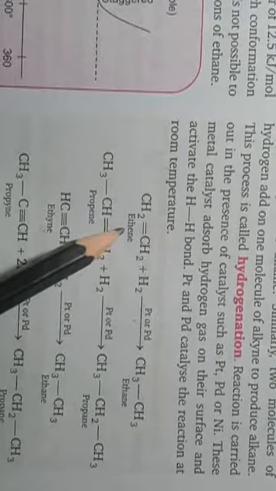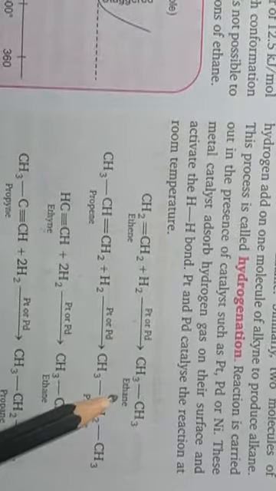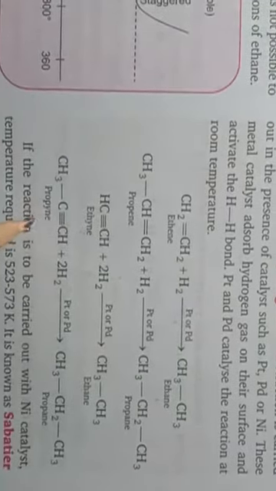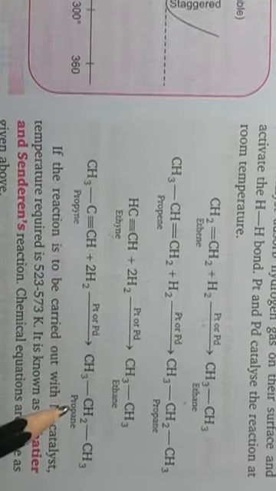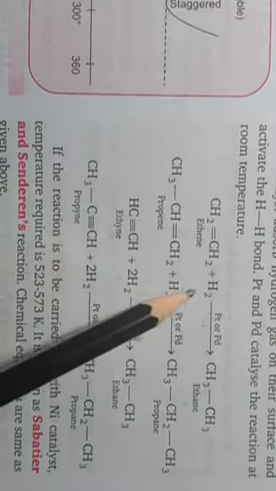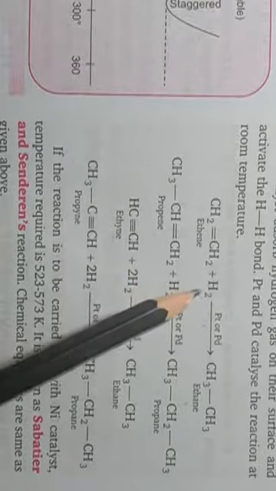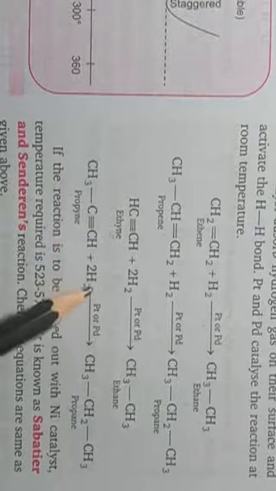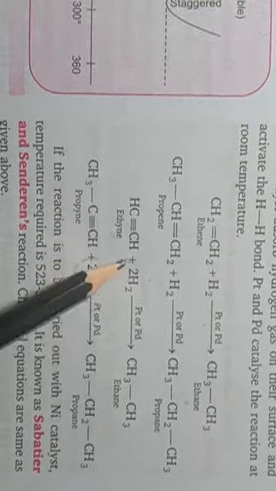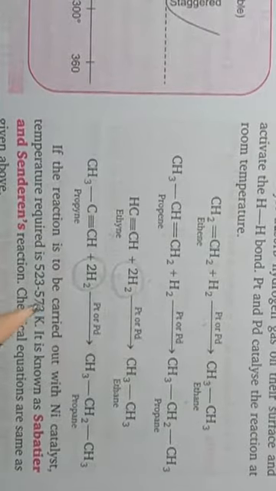Okay students, as an example, when ethene is added with hydrogen in the presence of metal, ethane is formed, and when propyne is added with hydrogen, propane is formed. As you can see from these examples, 1 mole of hydrogen is added with alkenes, but with alkynes, 2 moles of hydrogen are added with 1 molecule of alkyne.